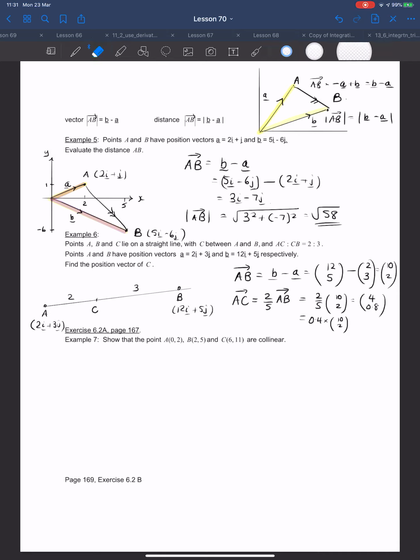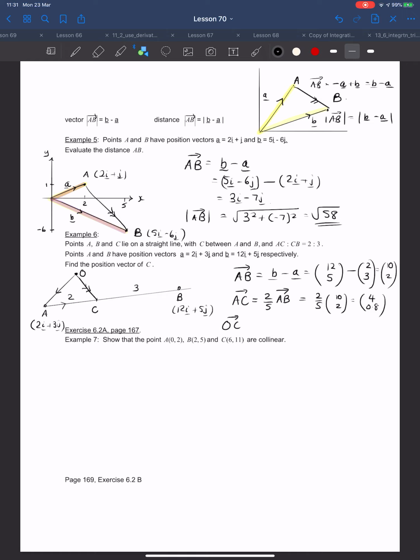Let's rub that out. So when we want the position vector of C, we have to go from O to C. Let's suppose the origin is there. We want O to C. We know what O to A is, and we know what A to C is now.